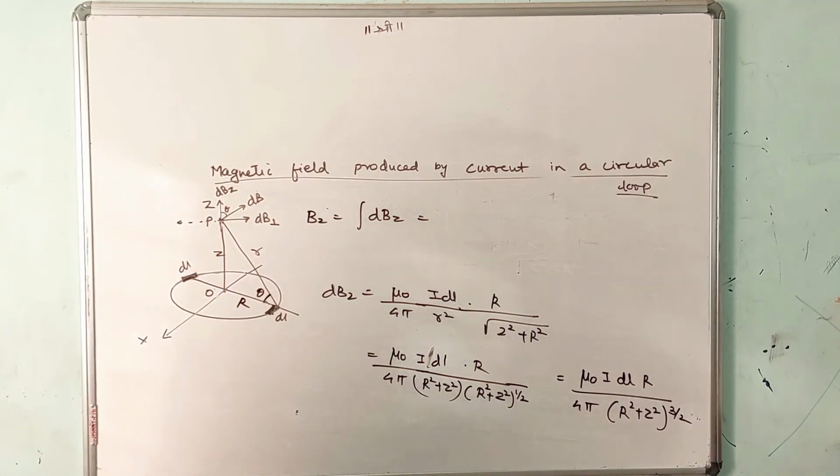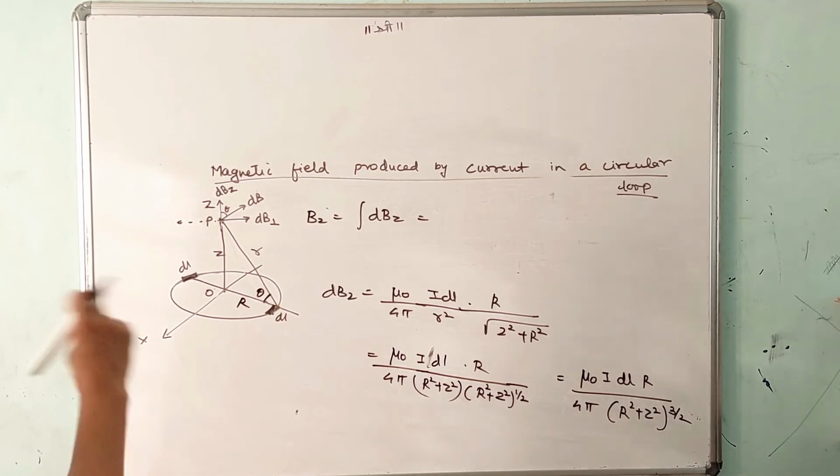I will take the components which are constant out of the integration. Only remaining will be dl.